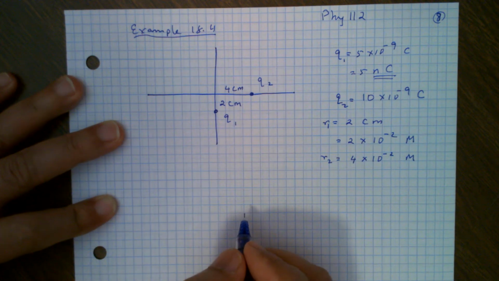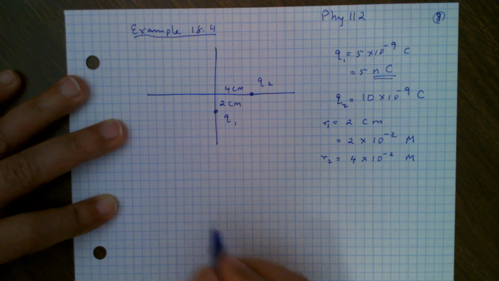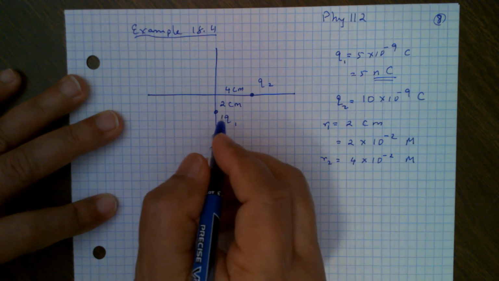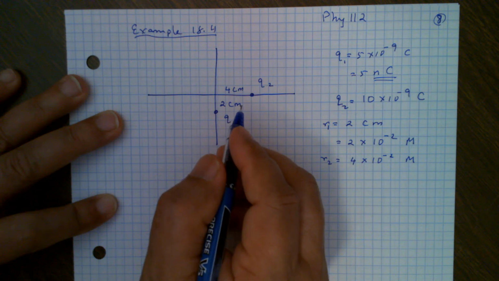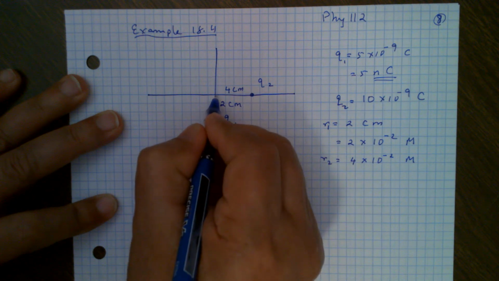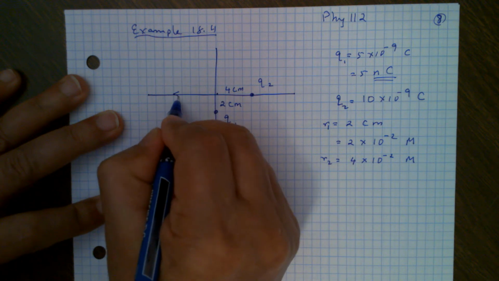Alright, so now both of them are positive charges, and as we have discussed before, electric field lines from a positive charge will be pointing away from the charge. So this is the charge, then the electric field at this point will be pointing in this direction.